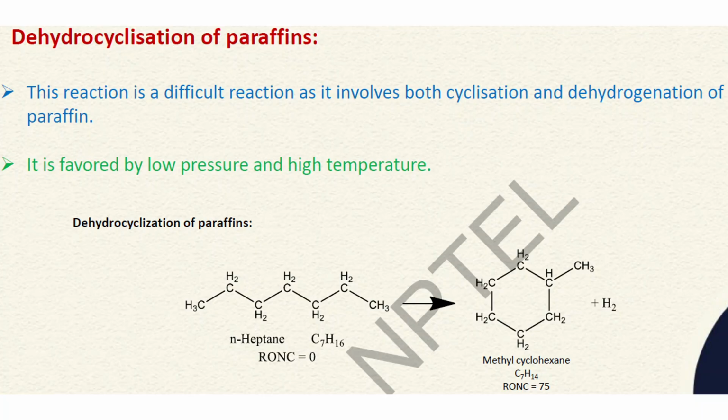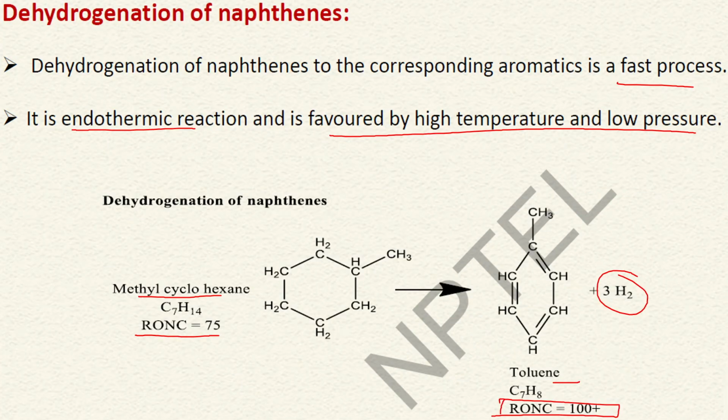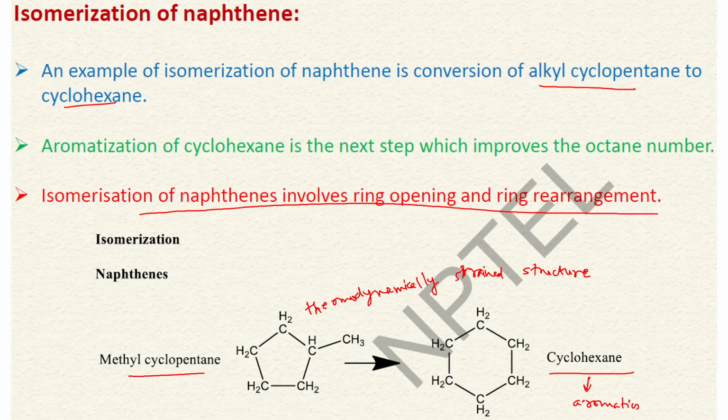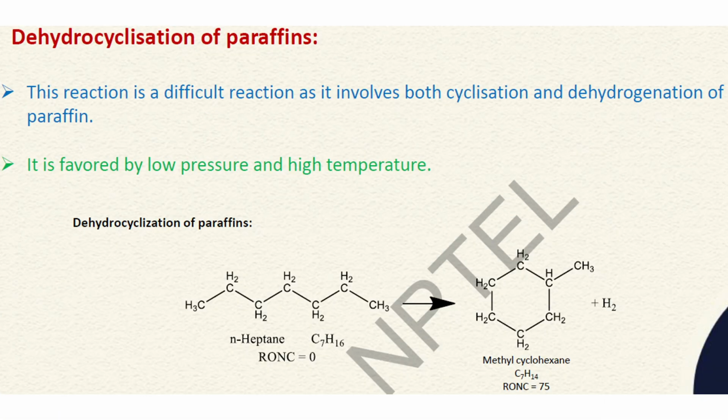Coming on to the fourth type of reaction, which is dehydrocyclization of paraffins. This is a difficult reaction as it involves two types of reactions. It involves both cyclization and dehydrogenation of paraffins. It is favored by low pressure and high temperature.